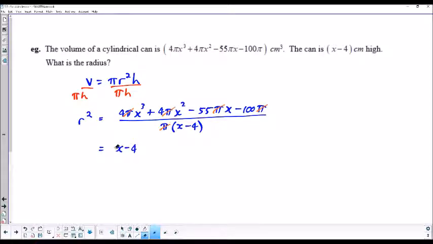You know what, I'm going to do synthetic division just to keep it a little bit simpler and quicker. So we're going to divide by 4, and we have 4x cubed plus 4, again, negative 55, and minus 100.